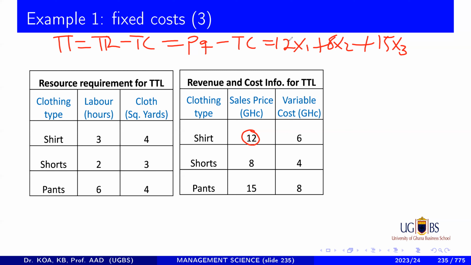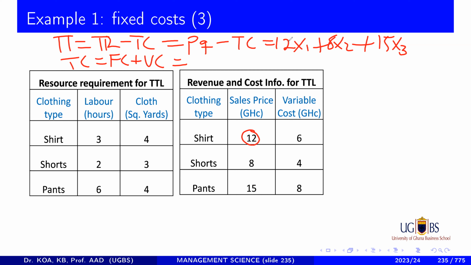So in this case, the 12x1 represents the sales revenue obtained from the production of the shirt. Now, we are yet to deal with the total cost. Remember, total cost is given by the fixed cost plus the variable cost.